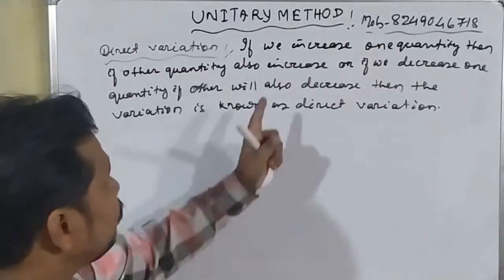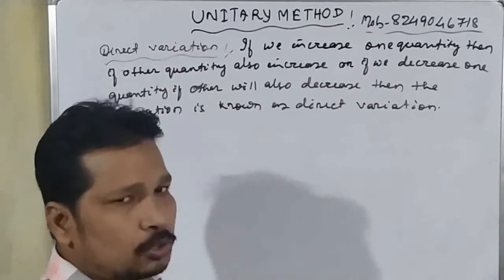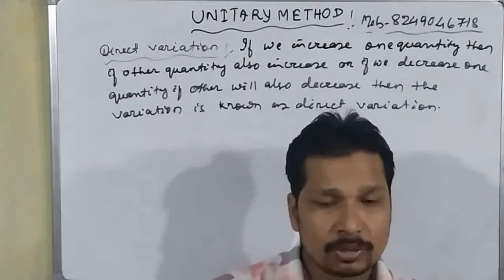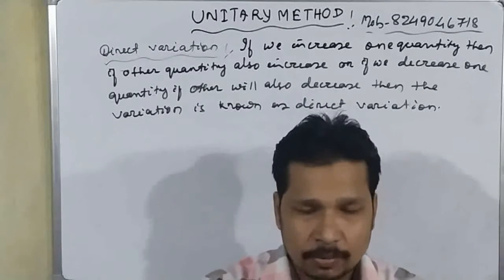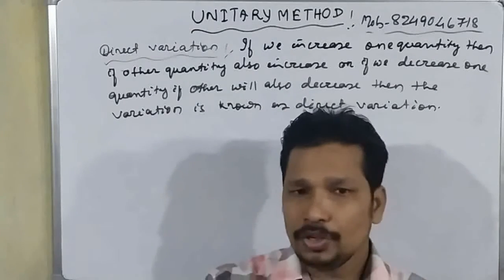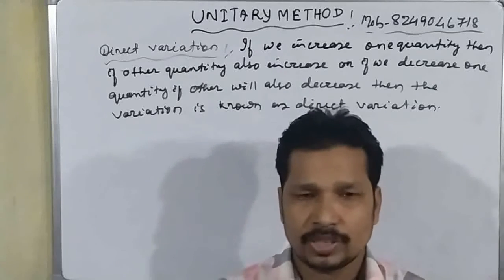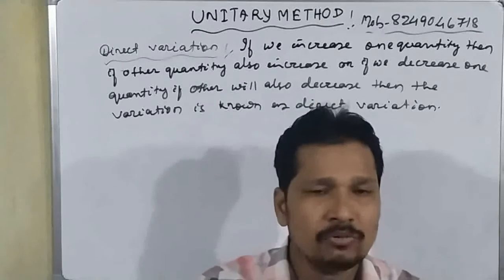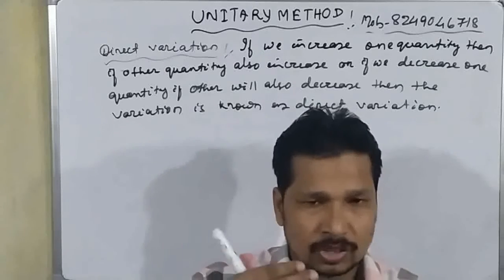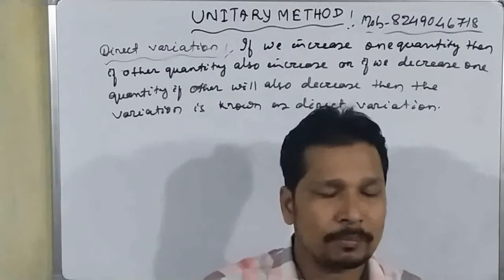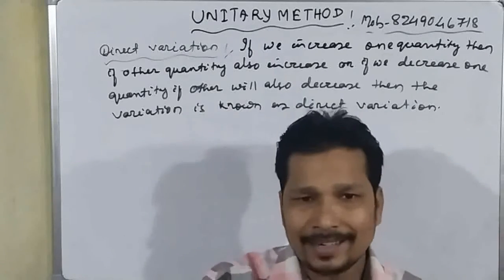So that means if we increase one quantity, then other quantities also increase. For example, if the cost of 5 kg apple is 200 rupees, then if we increase the volume of the apple, that means if we buy, suppose 10 kg apples.